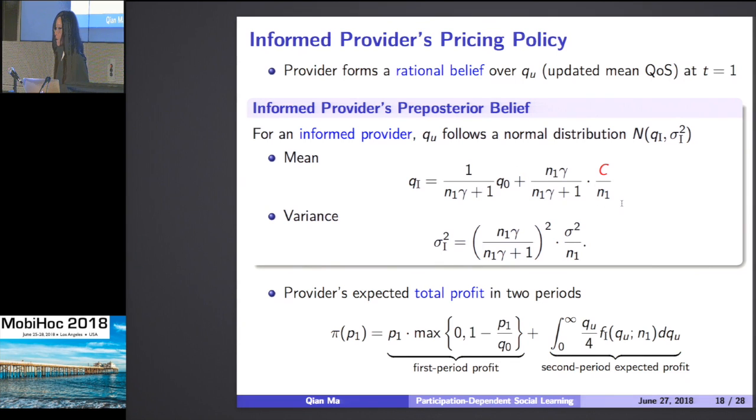So we can see that the informed provider can take advantage of its knowledge of capacity C to calculate its expected total profit in the two periods. Then, given this pre-posterior belief over QU, the provider can calculate its expected total profit in the two periods, which consists of the first period profit and the second period expected profit. That depends on the provider's pre-posterior belief over the QS.